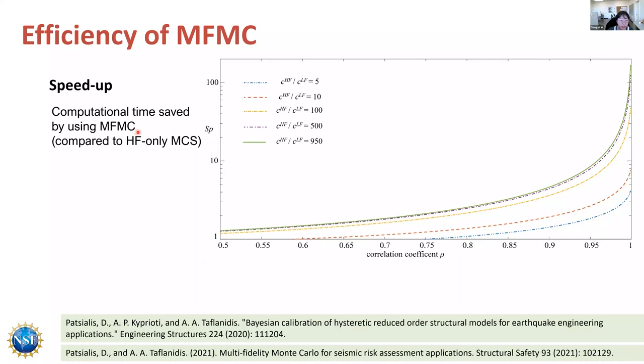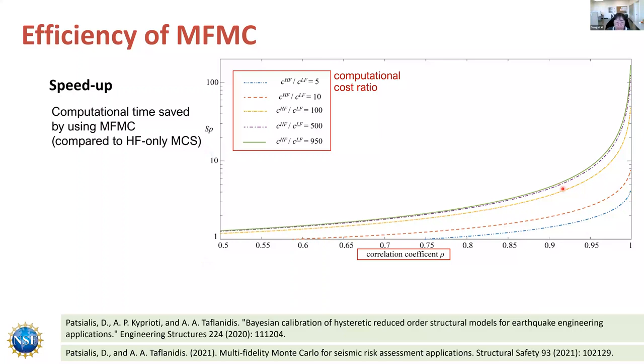As you can expect, this speed-up is a function of the correlation coefficient between high and low fidelity models, as well as the computational cost ratio. As the correlation coefficient gets higher, we get higher speed-up, of course, and as we have a faster low fidelity model, we again get higher computational gain.